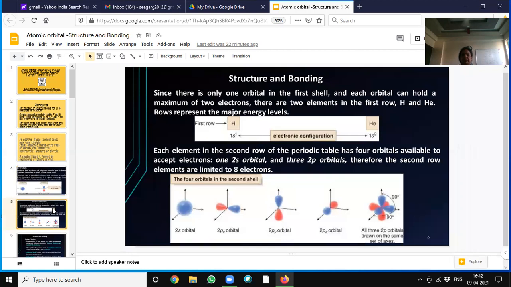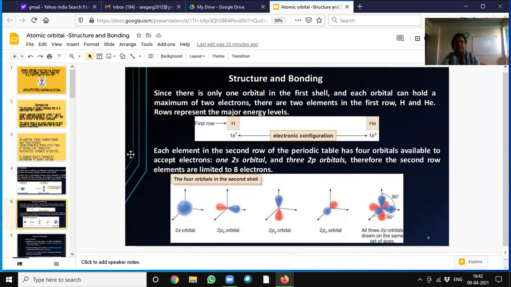Structure and bonding. Since there is only one orbital in the first shell and each orbital can hold a maximum of 2 electrons, there are 2 elements in the first row, hydrogen and helium.